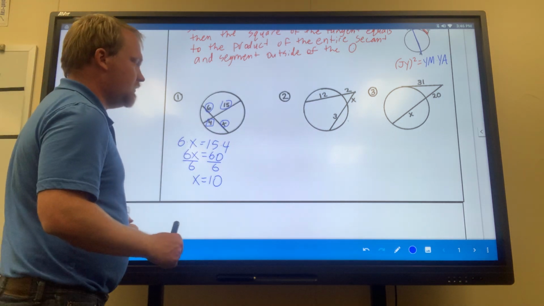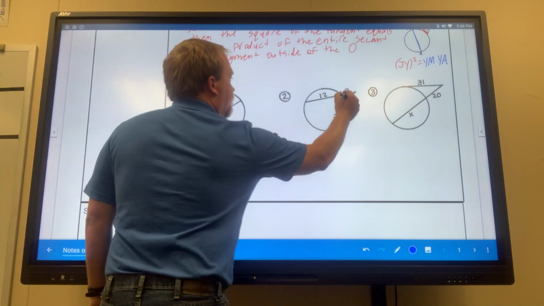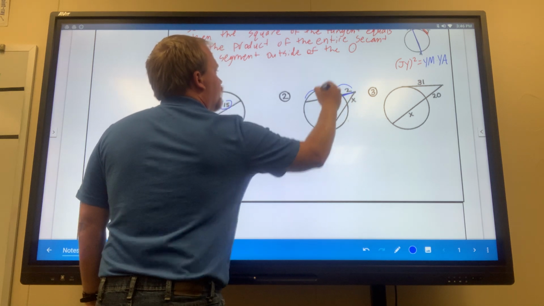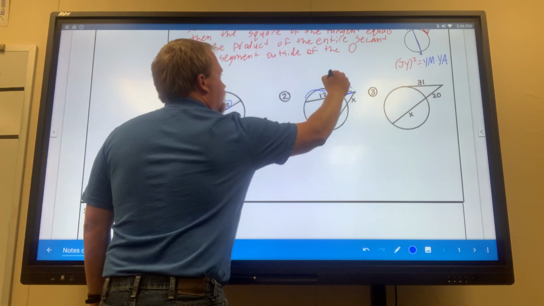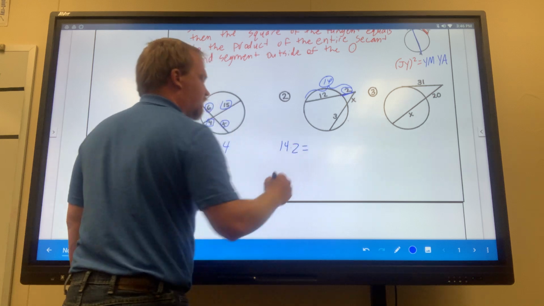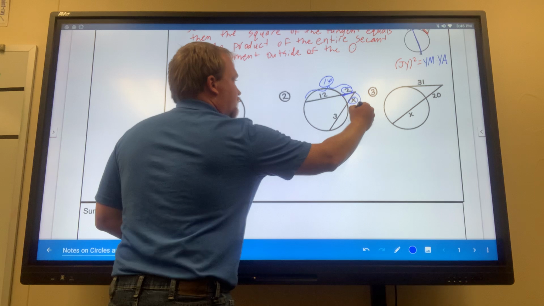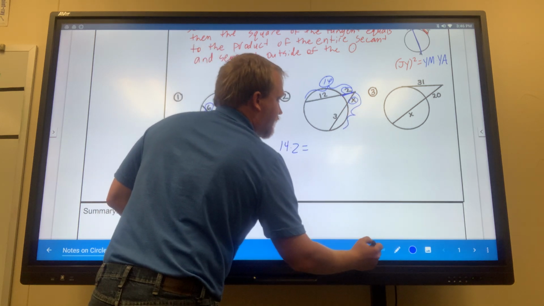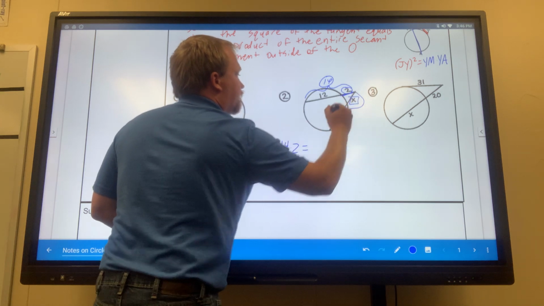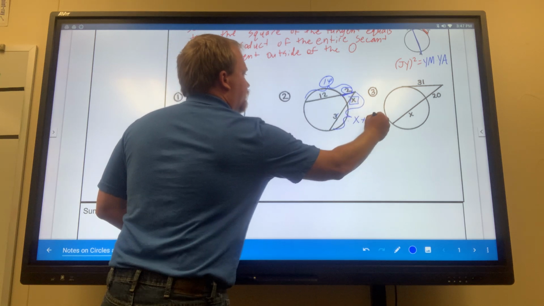Now, if I look at number 2, again, this outside part times the whole length, which is 12 plus 2, 14. So 2 times 14. Now, I have the x here, so this whole thing is going to be x plus 3.